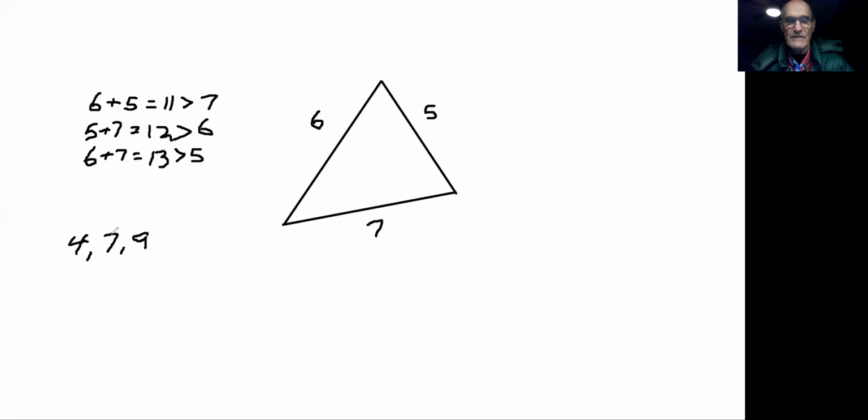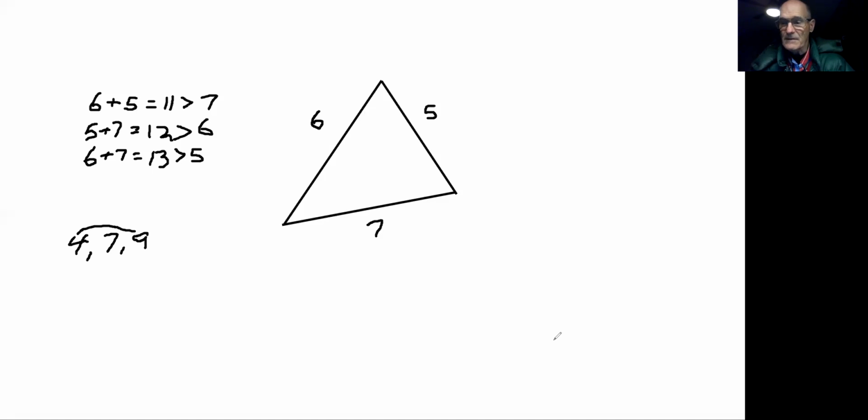If we add 4 and 7, we get 11. 11 is greater than 9. If I add 4 and 9, I get 13. 13 is greater than 7. If I add 7 and 9, I get 16, and 16 is greater than 4. So therefore, those three numbers can be a triangle.